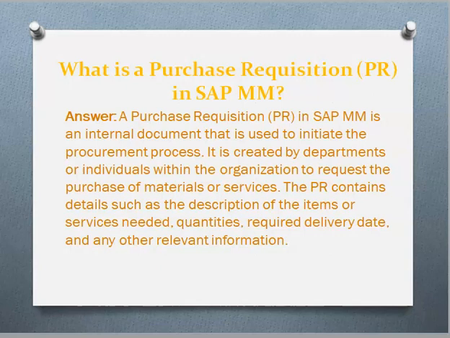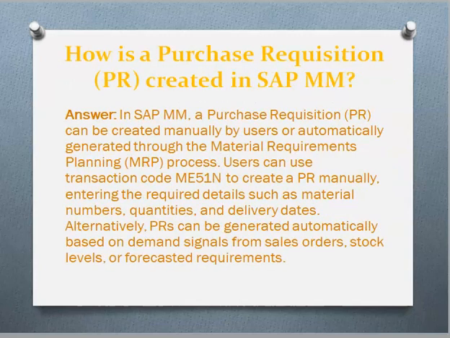other relevant information. How is a purchase requisition created in SAP? Answer: In SAP, a purchase requisition can be created manually by users or automatically generated through the material requirements planning process.